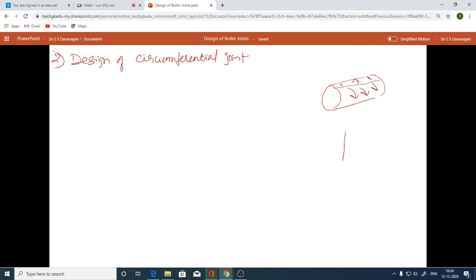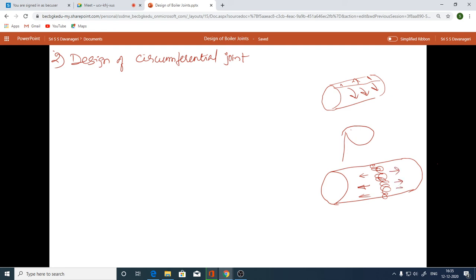But in case of a circumferential joint, if this is a circumferential joint here, it tries to break out in this direction.